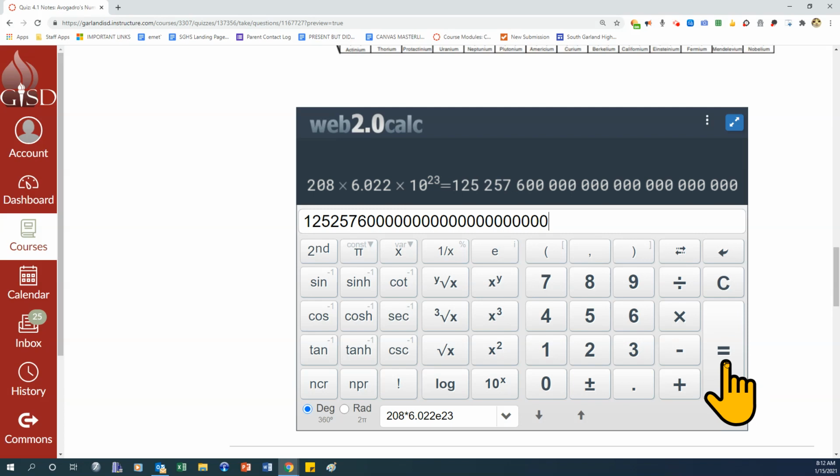And you start moving the decimal places again. So this is 3, 6, 9, 12, 15, 18, 21, 24, 27. It's 1.25 times 10 to the 27.